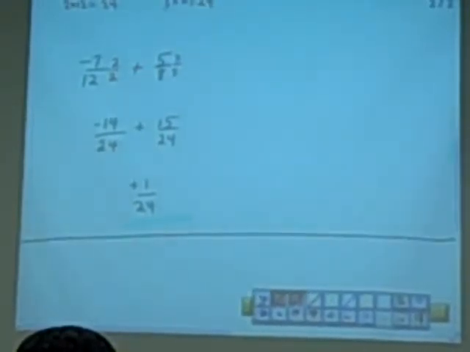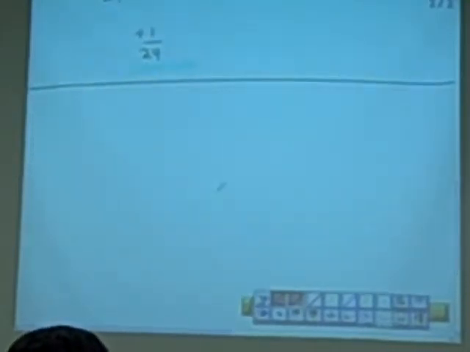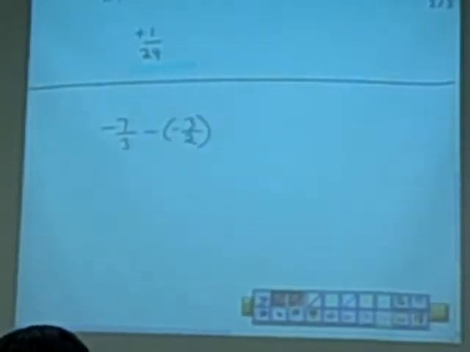Next problem. Here we have negative 7 over 3 minus parentheses negative 3 over 2. Now, right away, what can we do with these negatives in between the first and the second number?